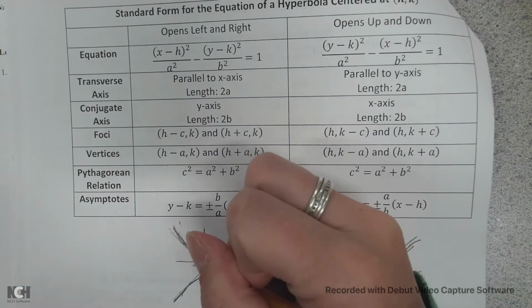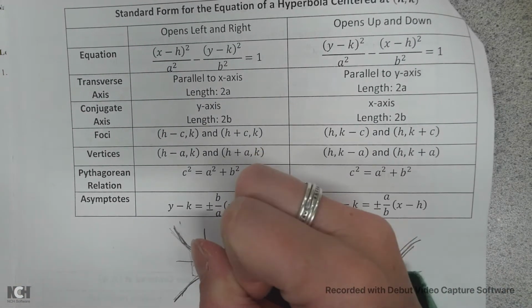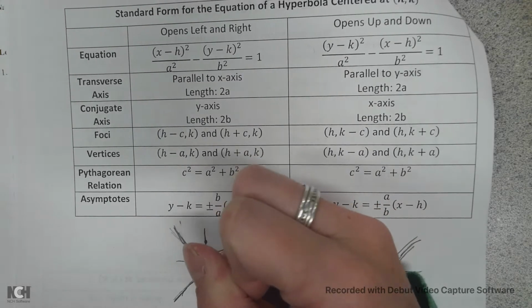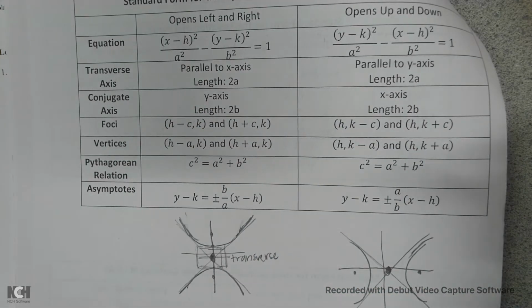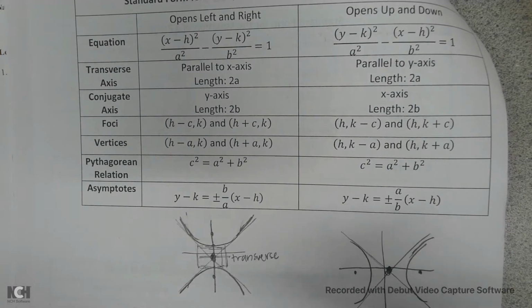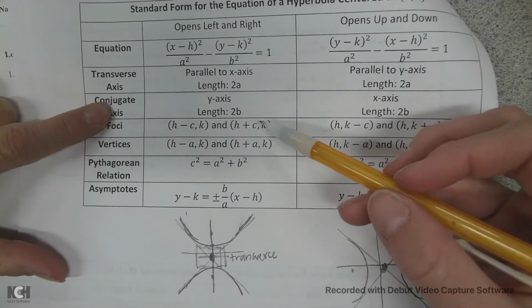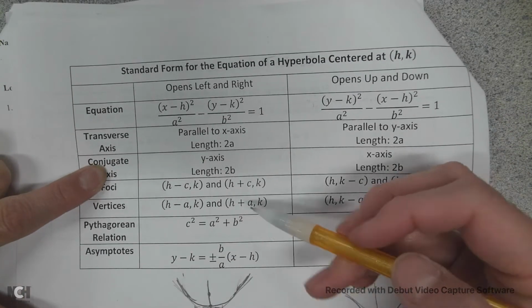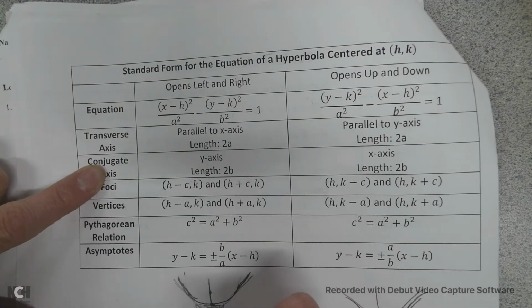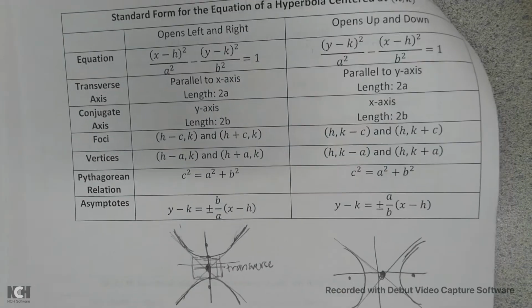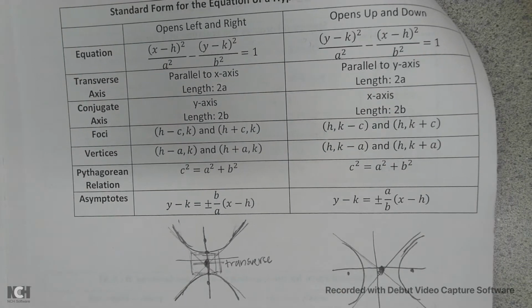And basically we can make a little box right here, which we'll talk about more, and that helps us get some measurements. The conjugate is the y-axis, so it would be from this vertex to this vertex. That is 2a and 2b, similar to what we did for our ellipses.